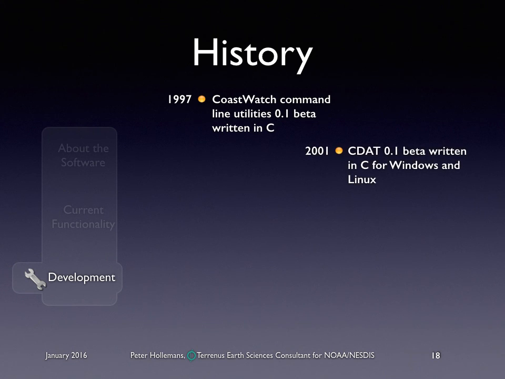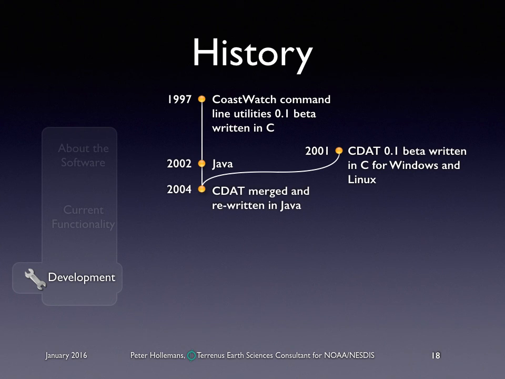Later on, the CoastWatch data analysis tool was written, and we had versions for Windows and Linux. And at one point, we converted the CoastWatch Utilities over to Java and then merged in the CoastWatch data analysis tool to create the current package, which includes CDAT.